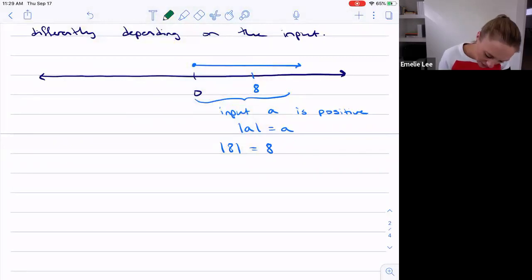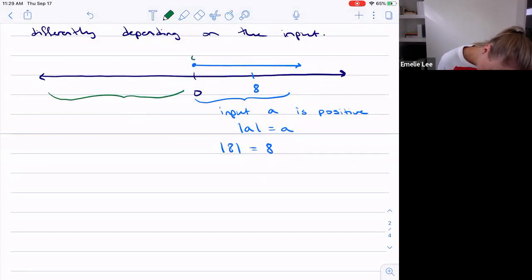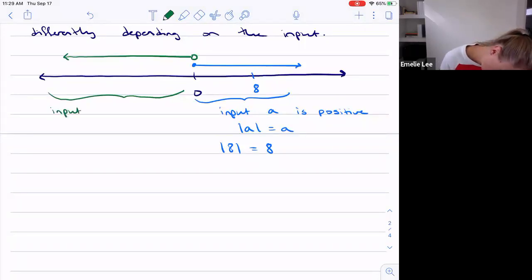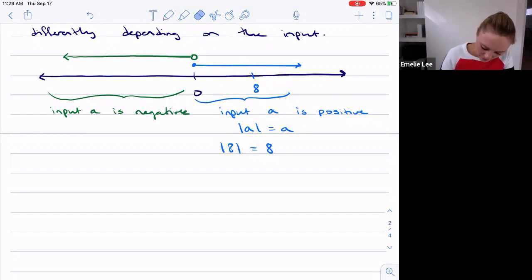It gets different here. So not including 0, because 0 was already handled on the right-hand side, right? But any values that are negative, right? So here, the input A is negative. So let's say we have negative 8.